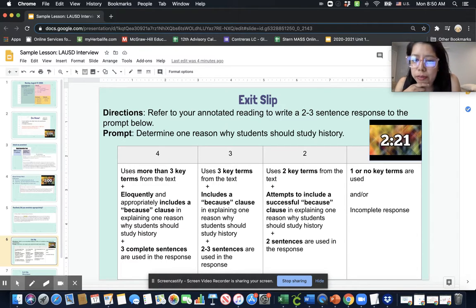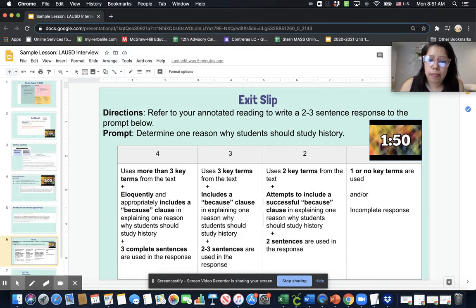Good use of complete sentence. Good, you're using more than 3 terms. Make sure that you're explaining the reason, right? Include the word because, okay, to determine why students should study history. Say because, etc. Very good.